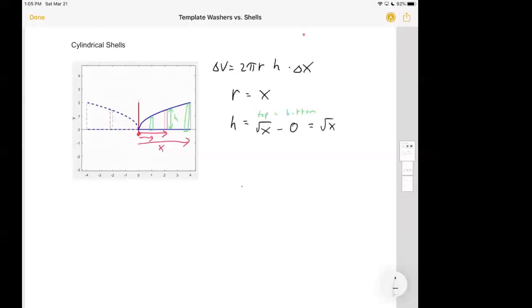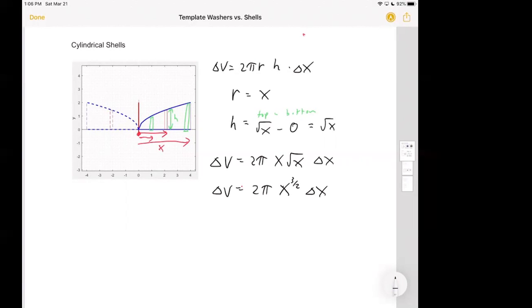So I can put that all together and get that delta V is equal to 2 pi, instead of r, I'll have x, instead of h, I'll have the square root of x, times delta x. I can simplify that and say delta V is equal to 2 pi x to the 3/2 delta x. Since we're about to do some calculus, then I can turn that into an integral.